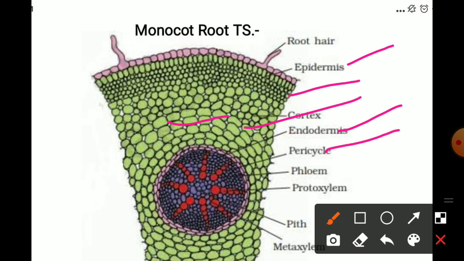Inside the pericycle there are radial vascular bundles: xylem bundles, phloem bundles, xylem bundles, phloem bundles.